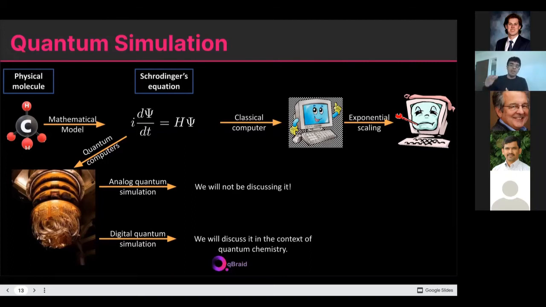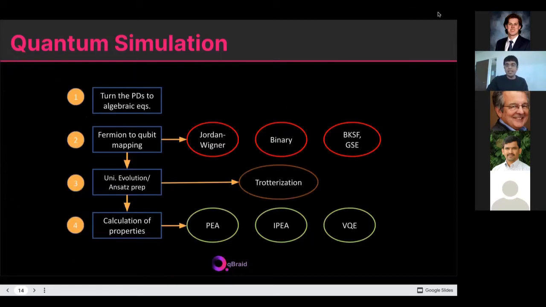And then you have quantum gates that you can apply on your qubits in order to do any calculation that you like. This is very similar to the classical digital computation model that we're familiar with. So then the only thing that's left is to figure out how we start from these partial differential equations and then go to mapping those to qubits.